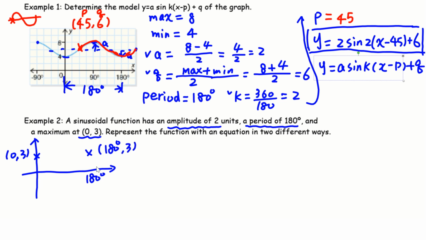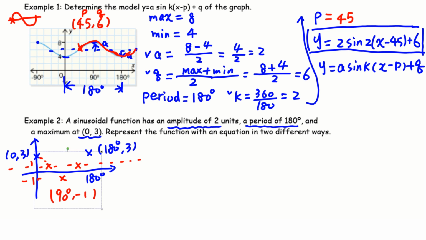The amplitude is 2, so from 3 down 2 will give you the midpoint, and from here down 2 again, to -1, will give you the minimum. The minimum will be at the middle of the two maxima, so it's (90, -1). Then the quarter points are at 45, in the middle.